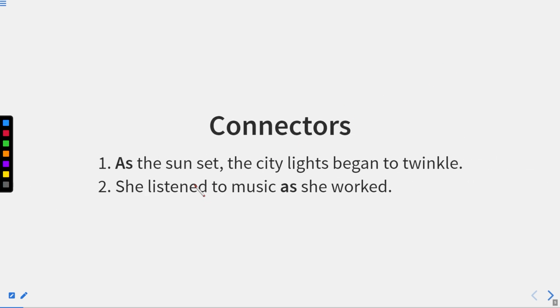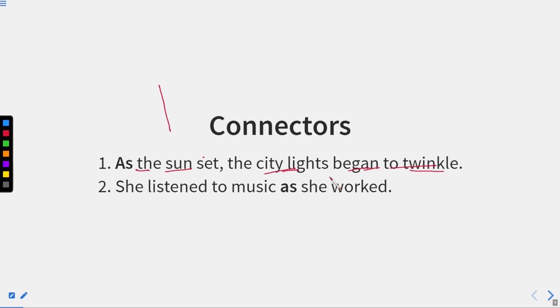Okay, now let us have some examples. As the sun set, the city lights began to twinkle. Now here you can see that as the sun set, it means as soon as the sun sets, the city lights began to twinkle.